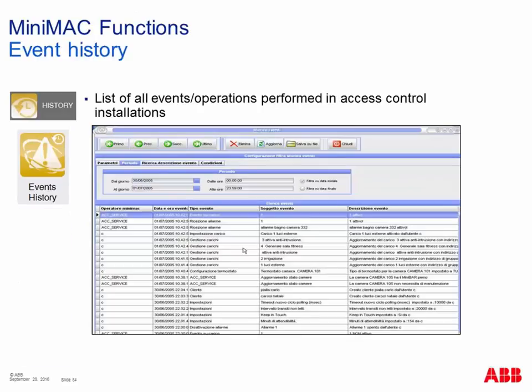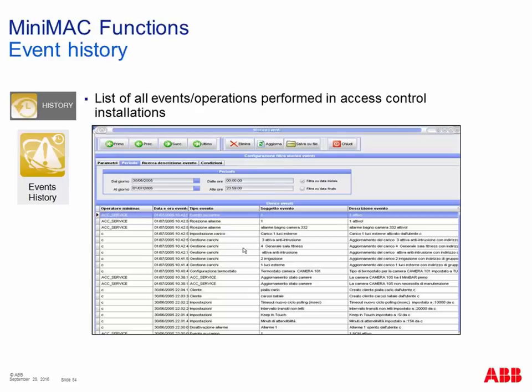Another important menu is the event history, which is like a log file in which all the actions, all the events performed in access control are traced.